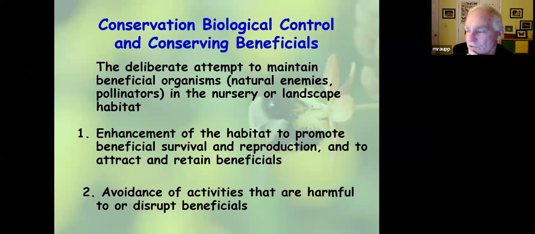I work a lot with nursery growers and parks as well as residential landscapes. We can do it two ways. We can either enhance the natural habitat in some way to increase survival and reproduction, or we can employ practices that are less harmful for these beneficial insects.